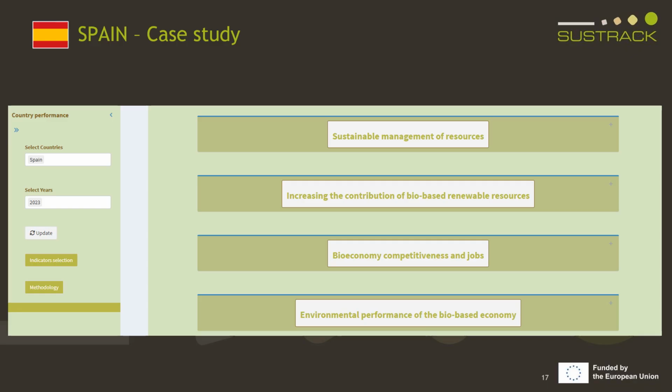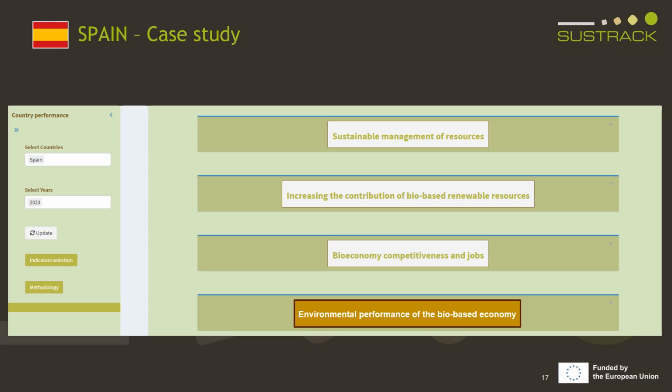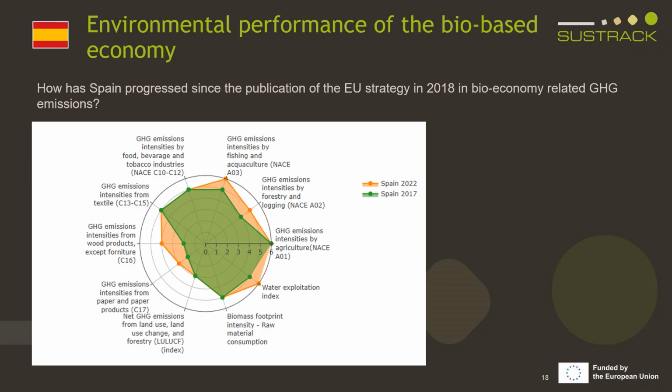So, if now we want to provide an example of the results that we will obtain in environmental performance of the bio-based economy, we just click on this specific one and we'll obtain a spider chart where the score equal to 6, so the outer, let's say, circle is the best performance, whereas the inner circle represents a lower performance.